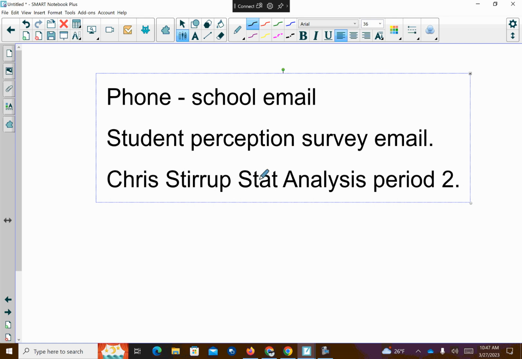And we have to change this from stat analysis to CP Algebra 1. And this is period 3. I think they have to do 3 too. They can do my survey maybe tomorrow. They could probably do them both. It's only 10 questions.